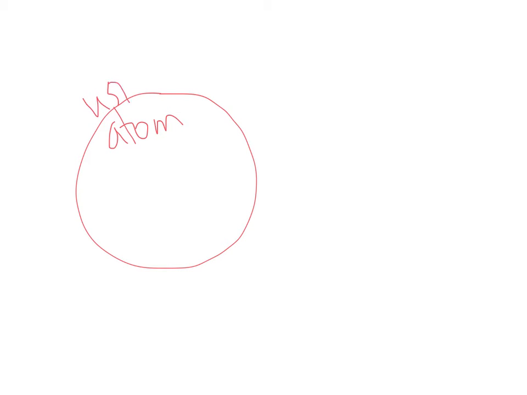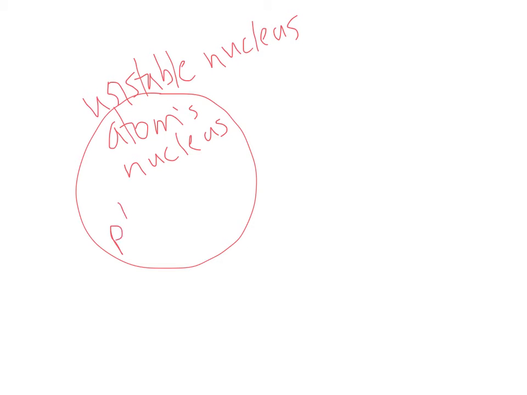So you start with your atom. And I'm just going to put that this is an unstable nucleus in the atom. And this is the nucleus, the atom's nucleus. So remember, since it's a nucleus, it's filled with protons and neutrons. And something about the ratio of protons to neutrons is making this unstable.